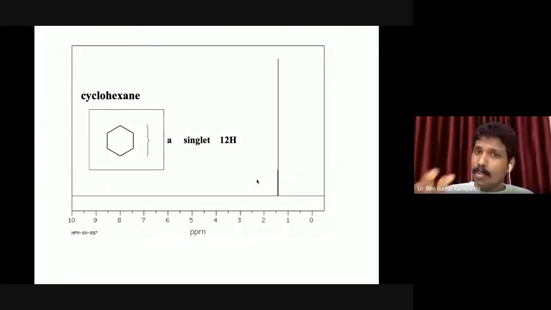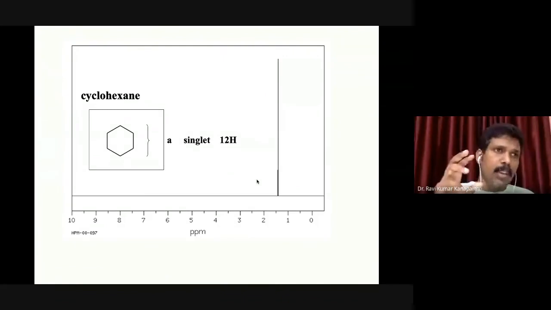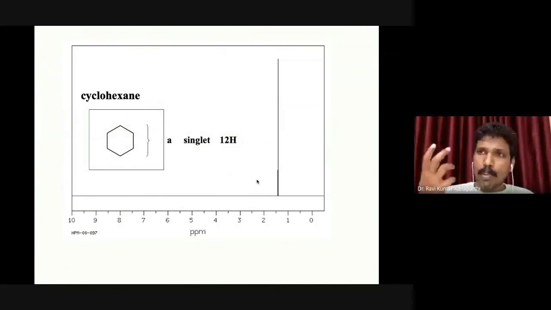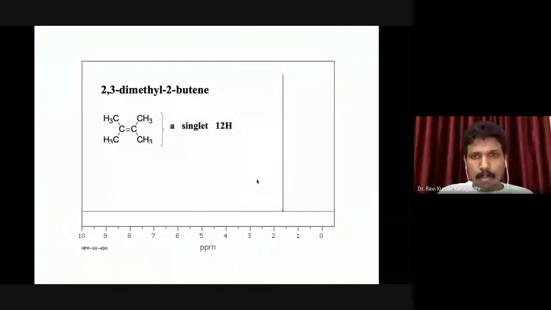Suppose I give you data in an examination question: 12 protons resonating at one position means it could be cyclohexane. Please remember that. Or else it could be this type of molecule.